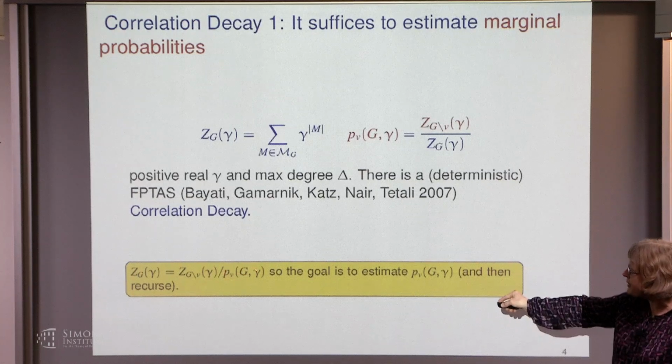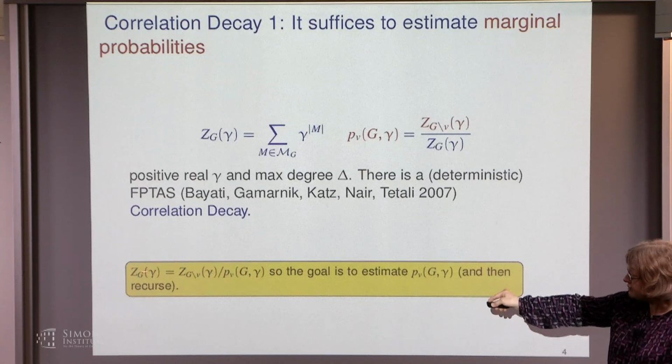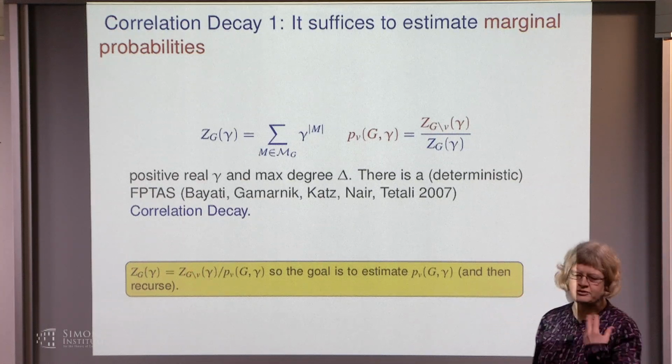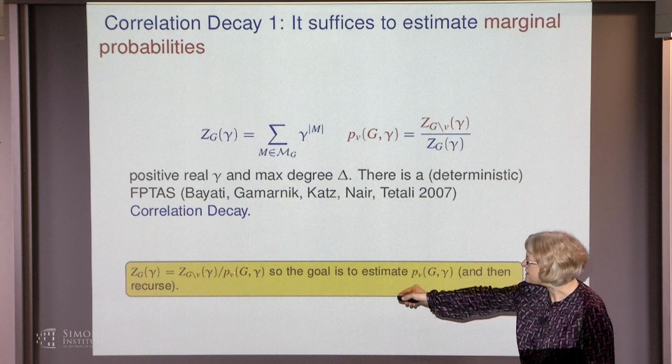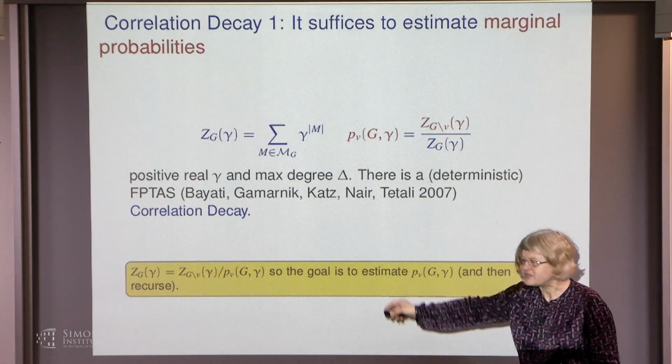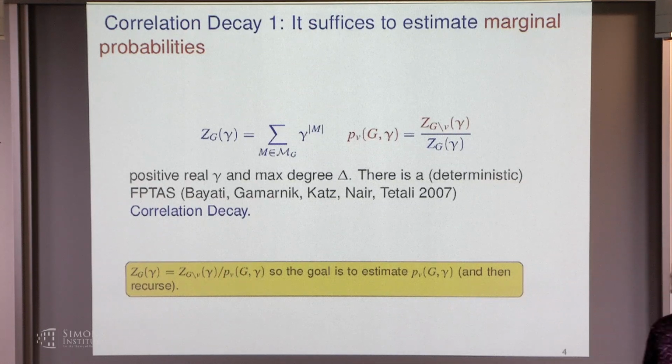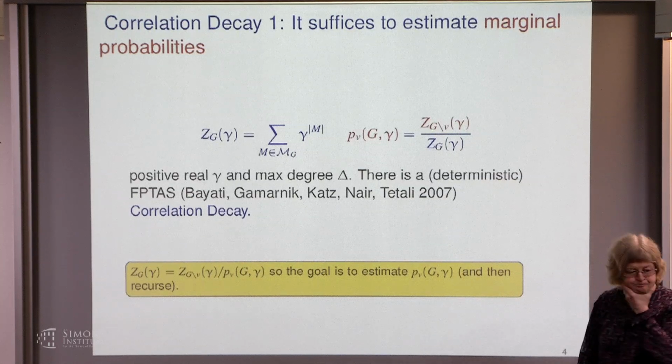If you could estimate the probability and you wanted the partition function, all you would need is one recursive problem. That's a really efficient thing. So if you could approximate this probability well, then you could recurse and so on. We just need to approximate the probability, and that's all that we need to do.